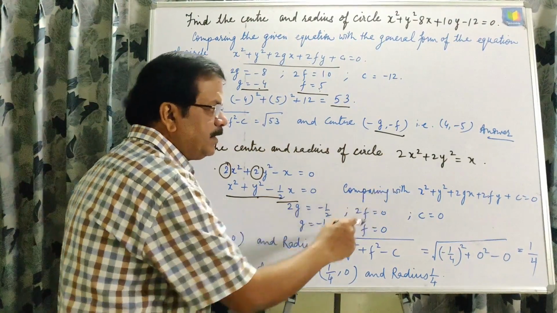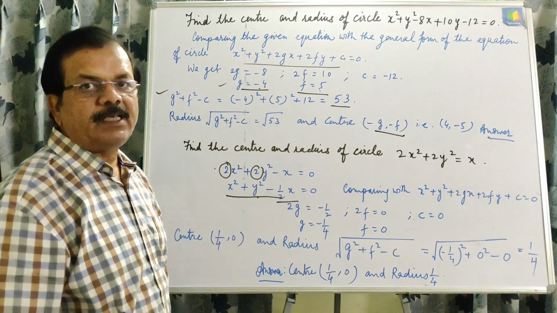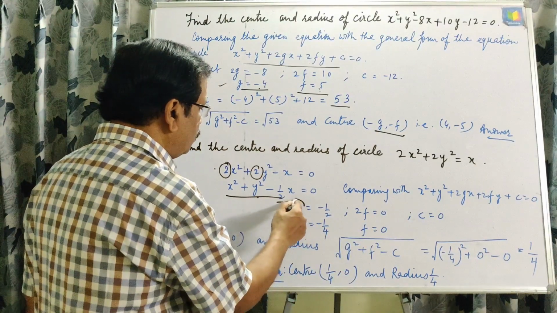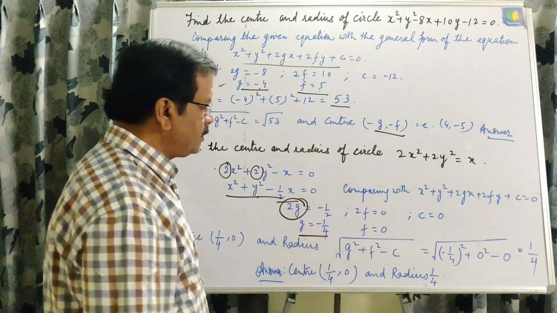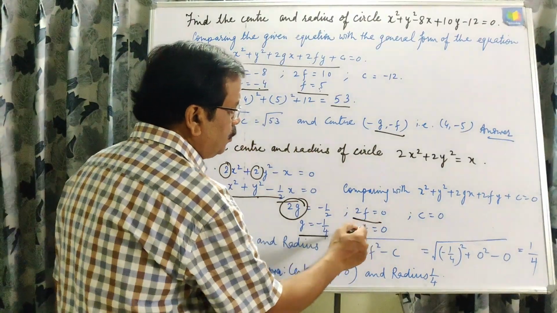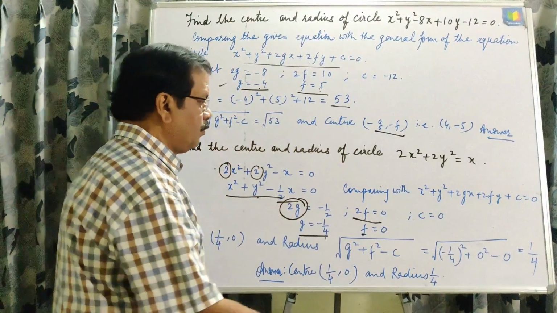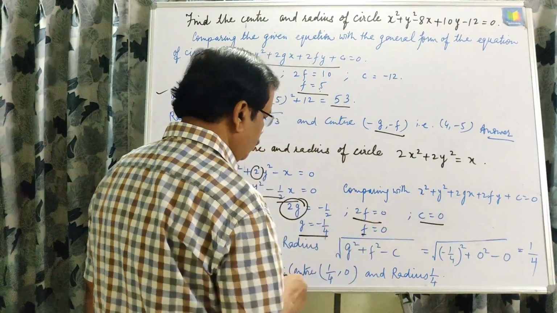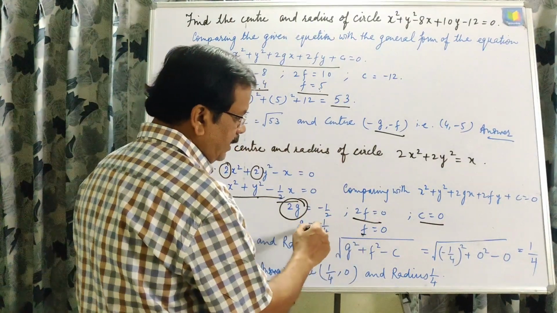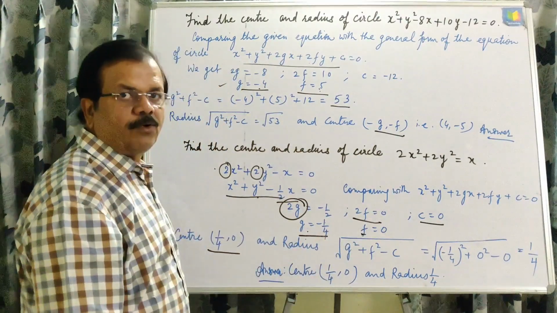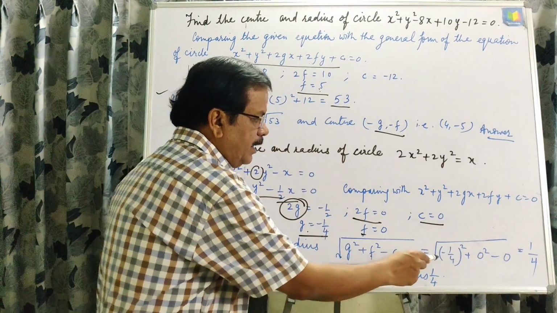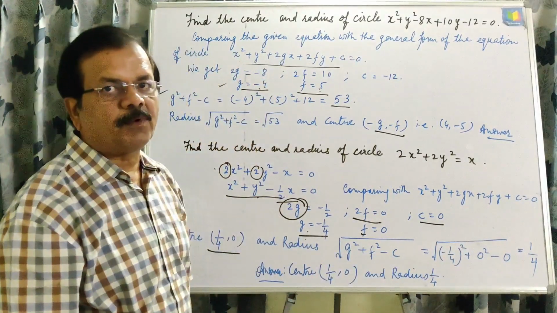And comparing this with the equation x square plus y square plus 2gx plus 2fy plus c is equal to 0, we are getting 2g is equal to minus 1 by 2, so g is equal to minus 1 upon 4. And in the same way 2f is equal to 0, f is equal to 0 and c is equal to 0. And this way the center will be minus g, minus f, that is 1 upon 4 and 0. And the radius will be root of g square plus f square minus c. Writing this, we are getting radius is 1 upon 4.